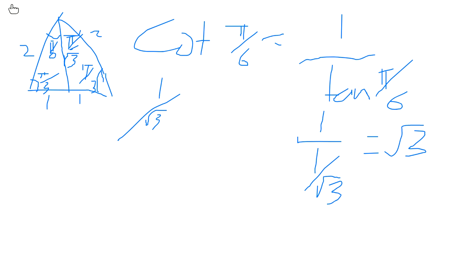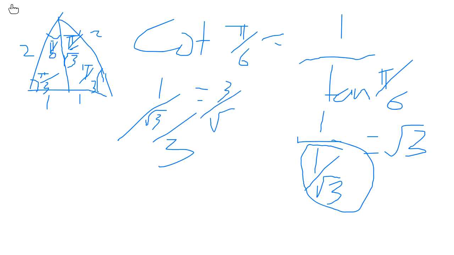I'm saying that it's the same thing because this 1 over root 3 has simply been rationalized. You multiply the top and bottom by root 3, then you get root 3 over 3. So 1 over root 3 and root 3 over 3 are the same answer.